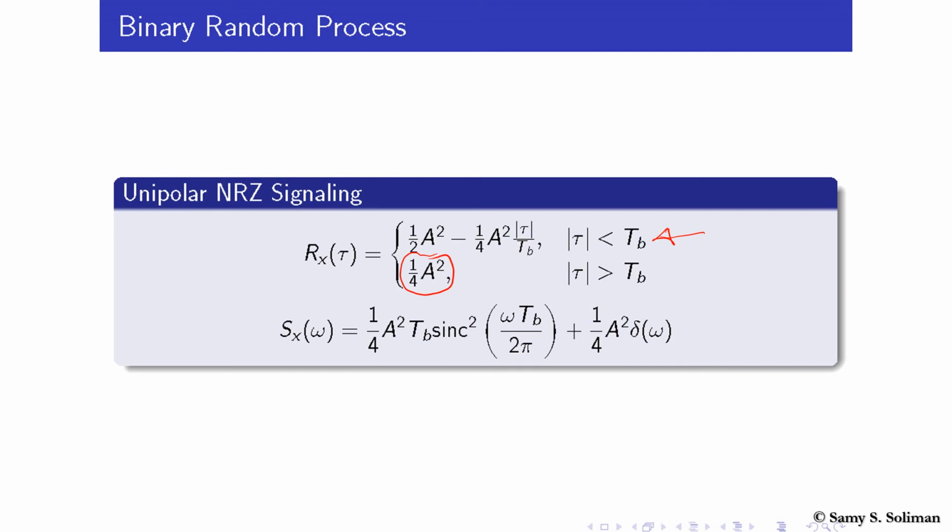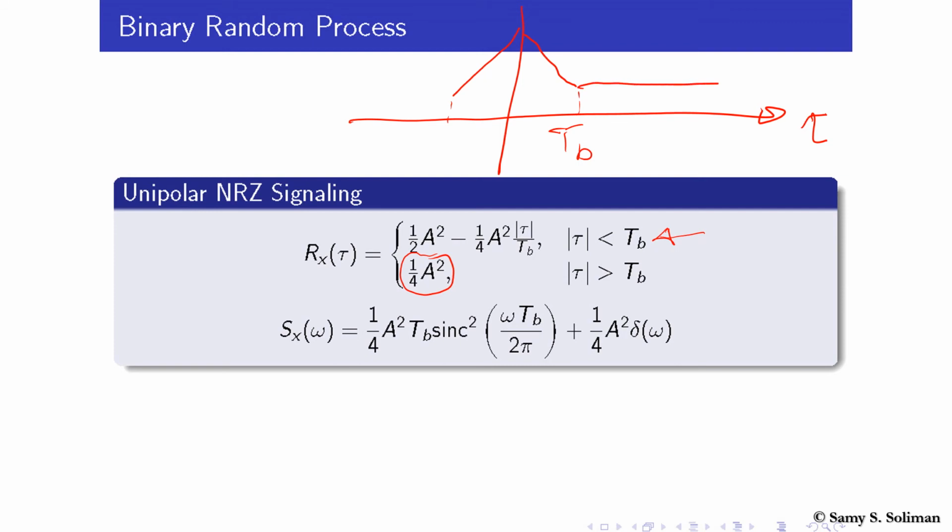Again, if we plot this autocorrelation function as a function of tau, it has a triangular shape up until TB, and then it becomes constant at a level of 1 over 4 A squared, and of course the peak here is half A squared.